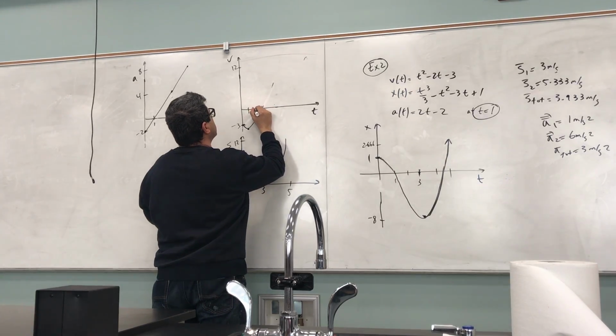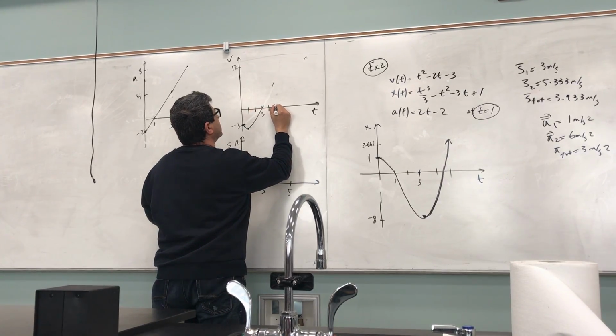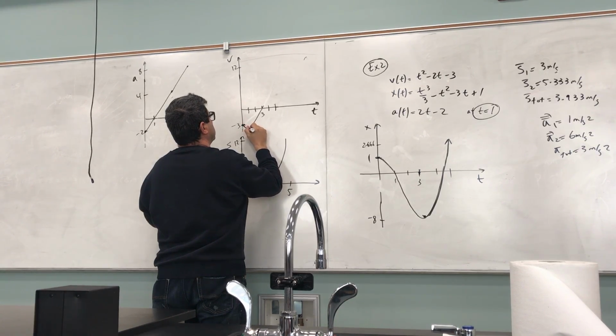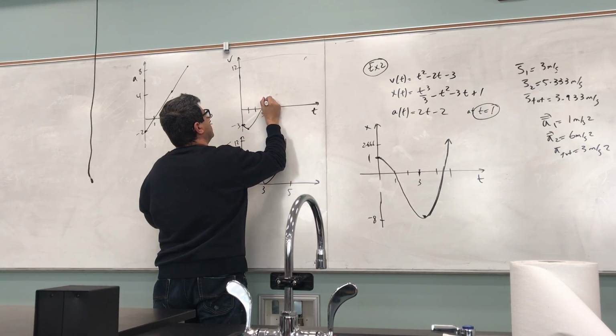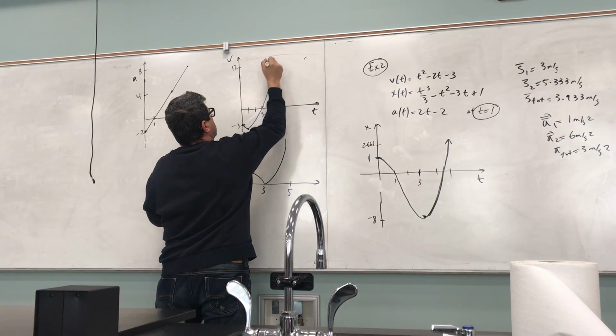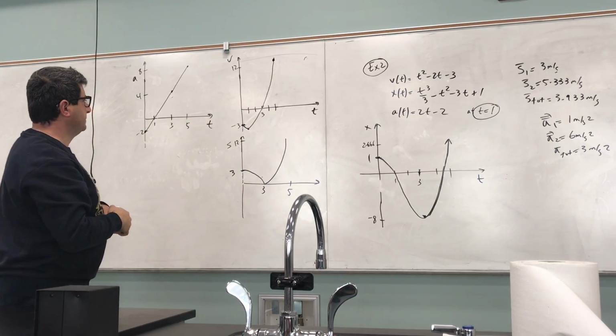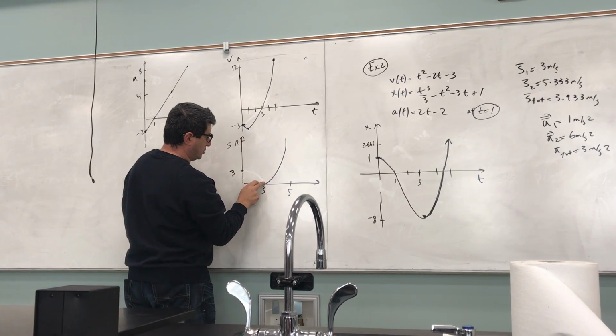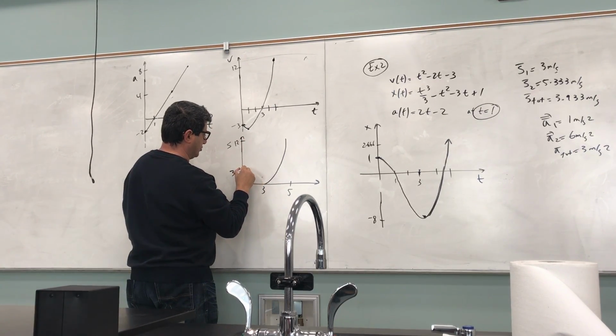So let's do, this is 1, this is 2, this is 3, this is 4, this is 5. Okay, good. Which means the speed should go from 0 to 4, then back down.